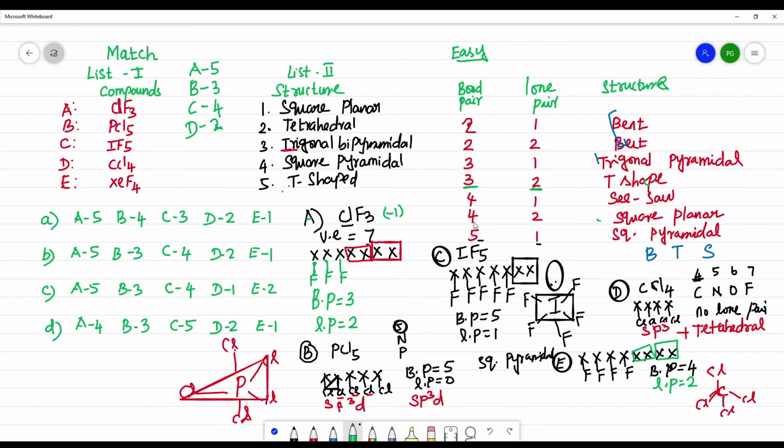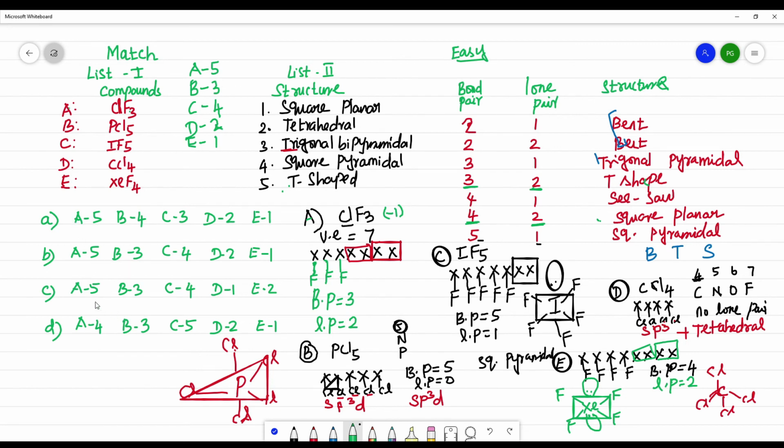So if you have 4 bond pair and 2 lone pair, what is the structure? It is square planar. E is 1. That is square planar. How will the structure be? 4 bond pair, then here one lone pair of electrons, here one lone pair of electrons. So E is 1.